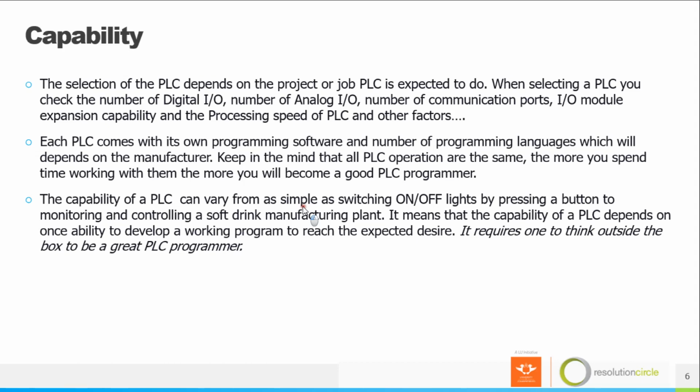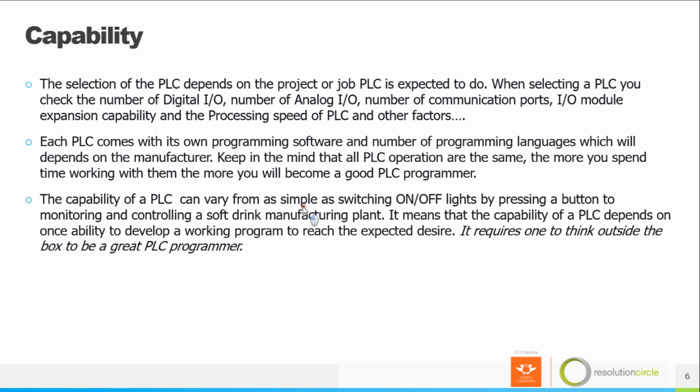The capability of a PLC can vary from simple switching on and off. If you press a push button, then your light will come on or off, to monitoring. So we can simply use a PLC to trigger a light, switch it on and off. We can also use it to monitor and control a soft drink manufacturing plant.